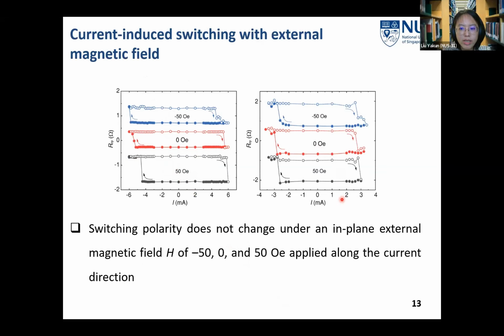In the conventional in-plane spin-generated SOT switching mechanism, for example in the heavy metal and PMA structure, the switching polarity will be reversed when the external magnetic field direction is reversed.